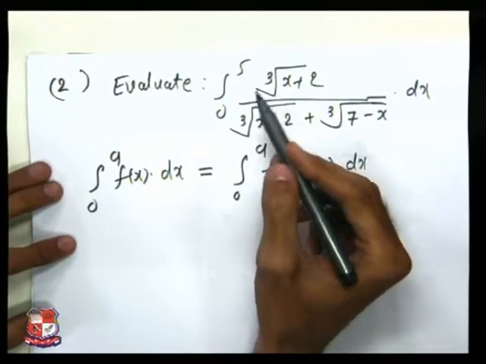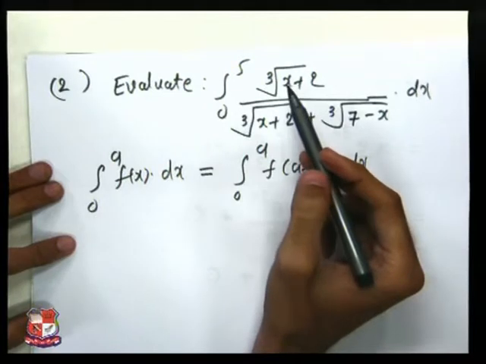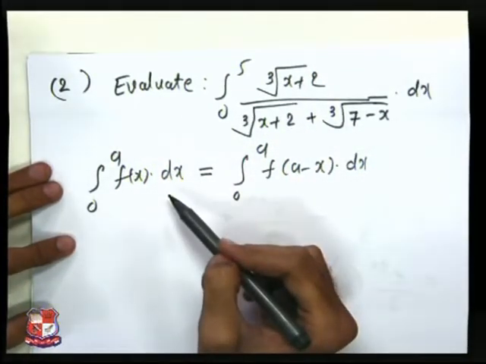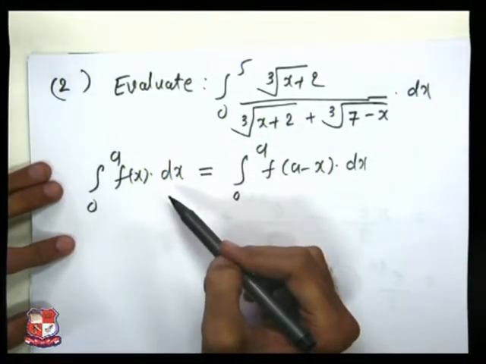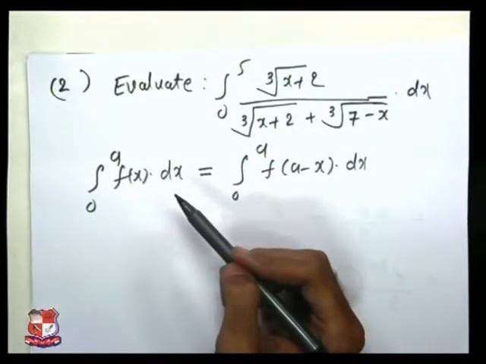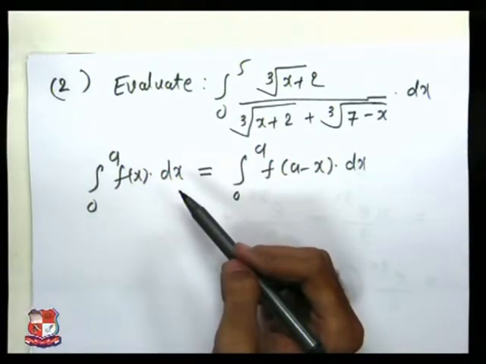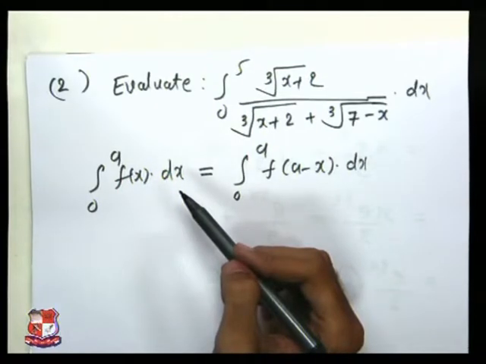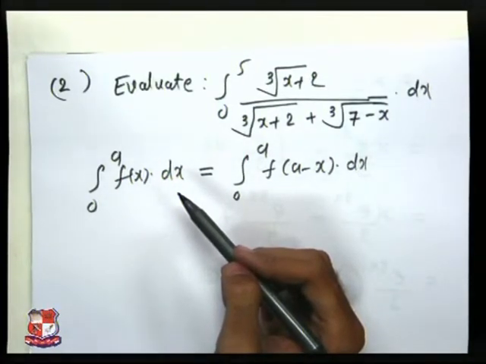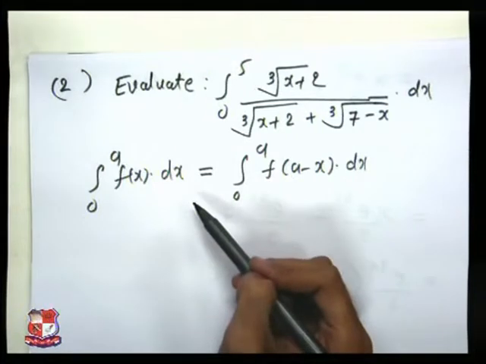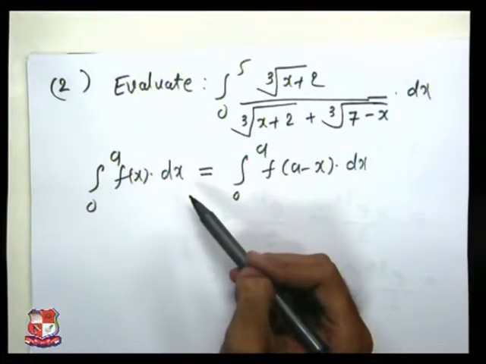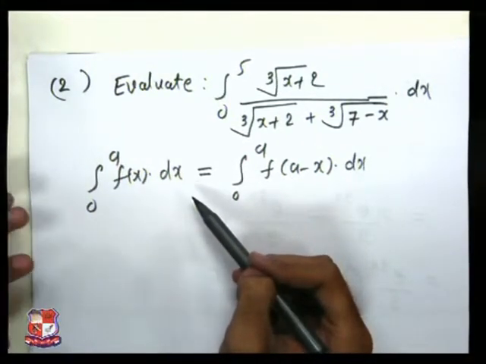The question is different, but the same theorem is followed. In question number 4a, the third example, which is 0 to pi by 2 log cot x dx, is also from this theorem, and this 4b is also from the same rule.